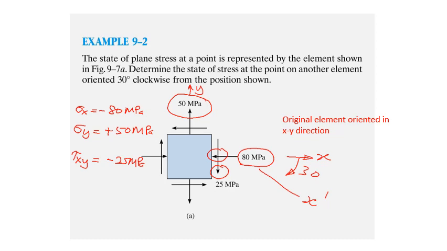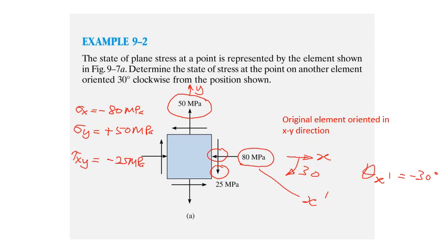Okay, and our angle. If we want to find the x prime direction, the angle here is clockwise, therefore it is negative. So theta x prime is minus 30 degrees. If you want to find the other direction, that's y prime, then it is positive 60, right?